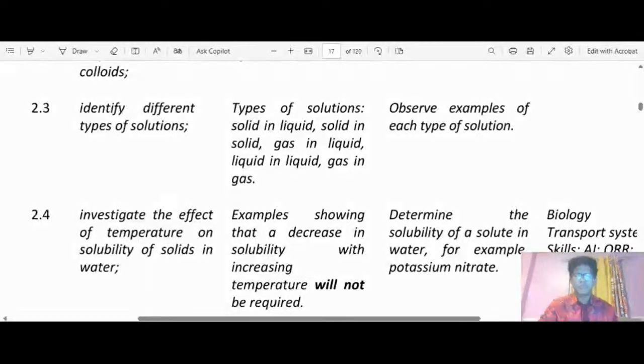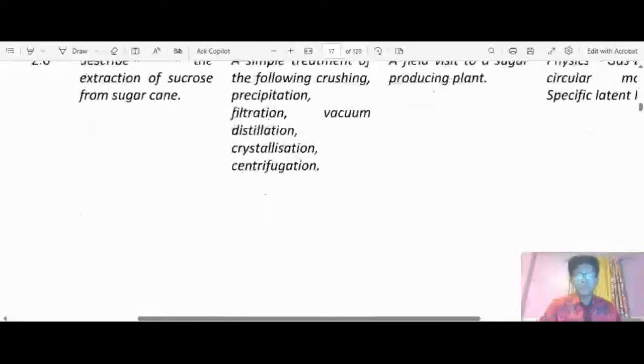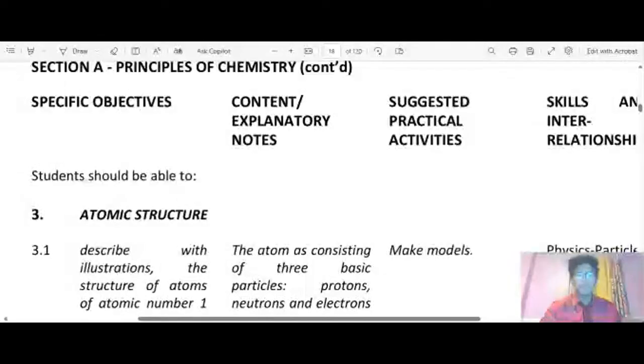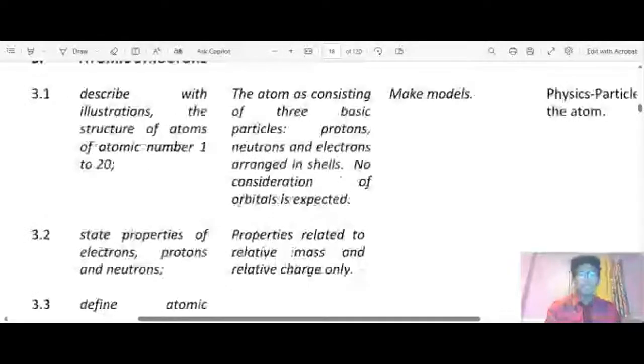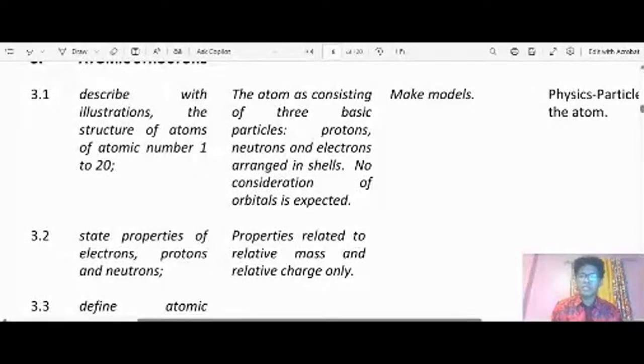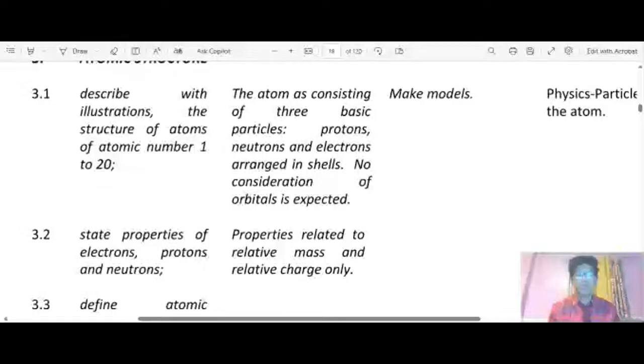Let's go down to some actually very important points. Atoms consist of three basic components: protons, neutrons, and electrons arranged in shells. No consideration of orbitals is expected. The nucleus of an atom usually consists of protons and neutrons.